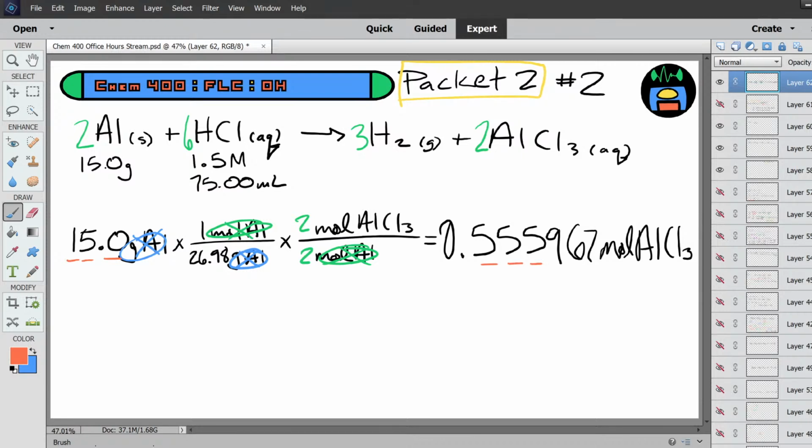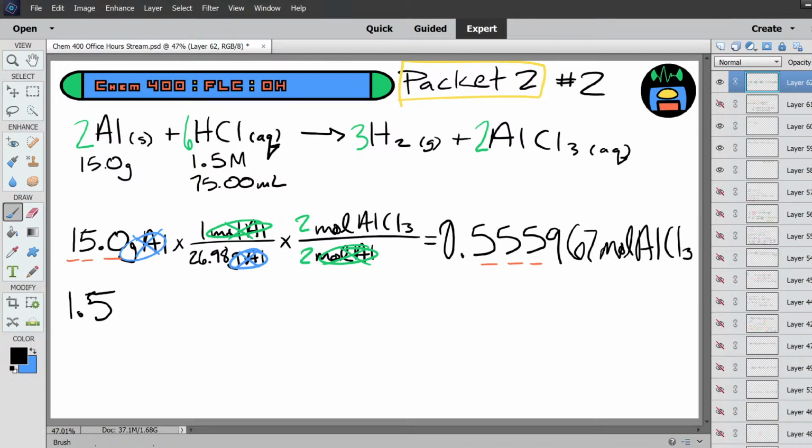I'm going to wait to round to the end. Well, I don't even know if this is the correct answer. We have to repeat this calculation for HCl, figure out how many moles that could produce. So, sorry, not 15. We have a 1.5 molar solution of HCl.